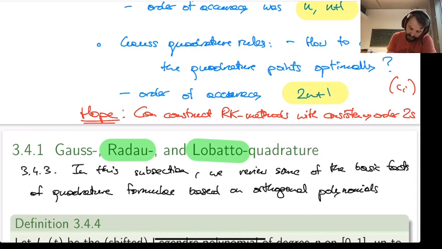As I said, see Numerik 0 for more details.